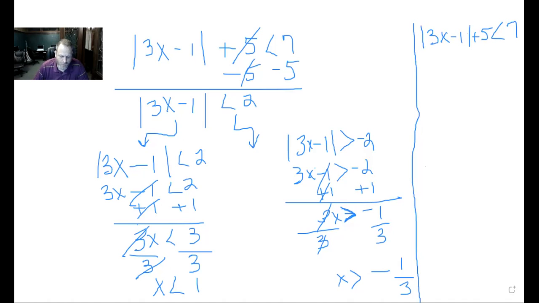All right, guys. So what we'll do is we will still do the same thing. Minus 5. Minus 5. All right. Cancel. Cancel. All right. So 3x minus 1 is less than 2.